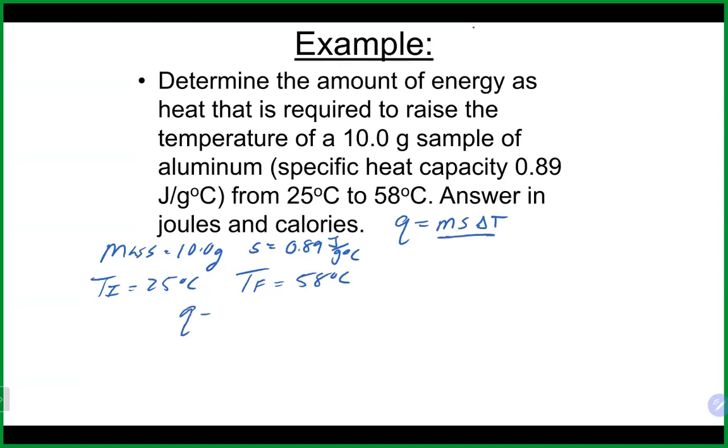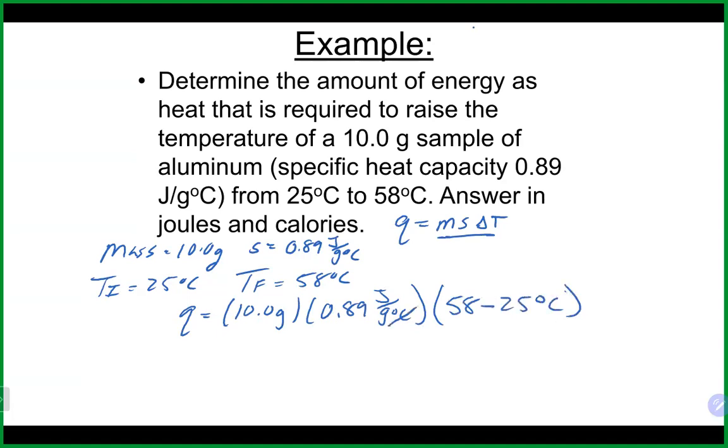So our Q will equal our mass of 10 grams, our specific heat capacity, and once again we want final, which is 58 in this case, minus initial. Our degrees Celsius will cancel, our grams will cancel, and that will leave us joules, which is good because we're looking for energy, which is Q, heat or energy.